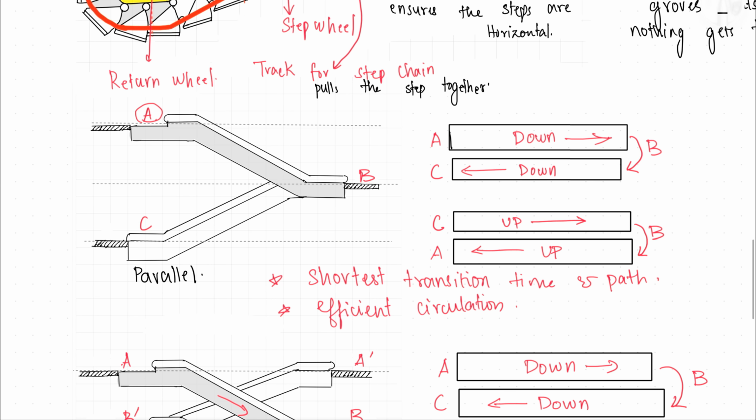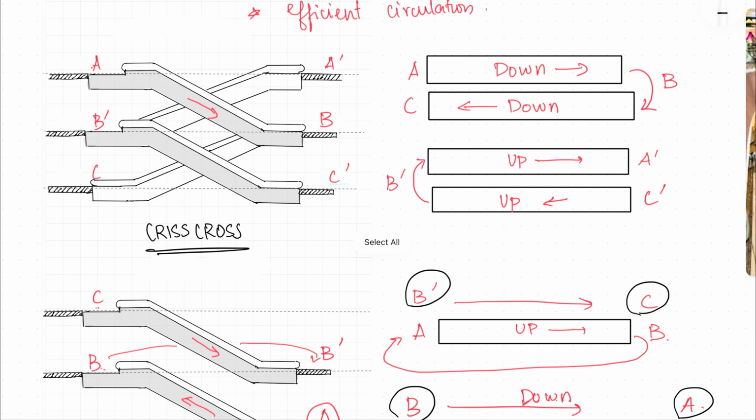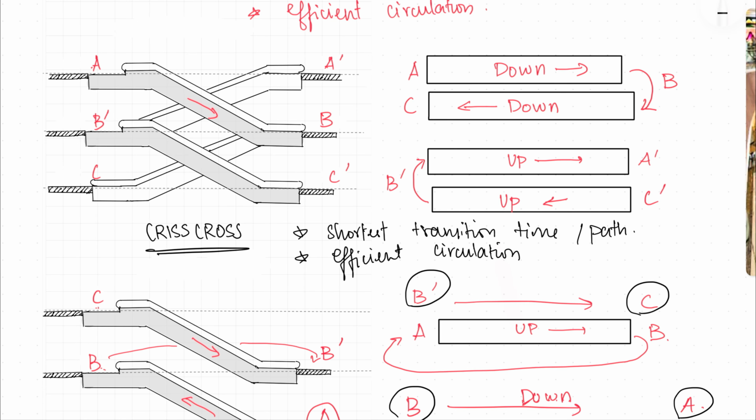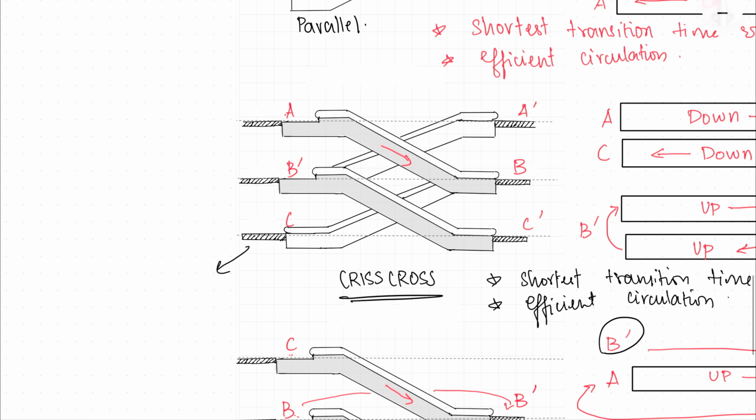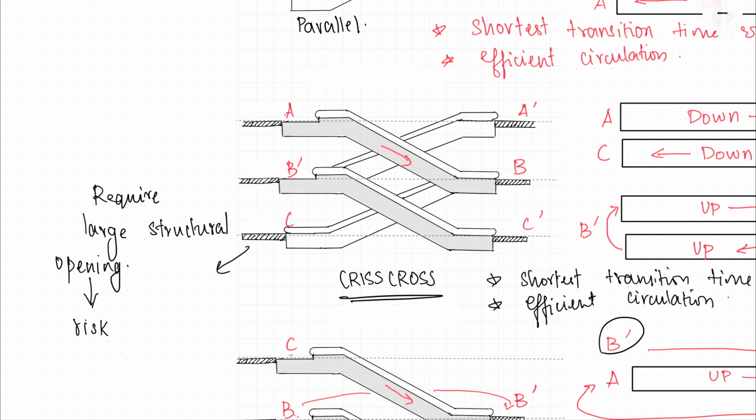Just like your parallel layout, your crisscross layout also uses the shortest transition time and path, so therefore it has efficient circulation. But this would require a large structural opening, and this provides you with the risk of falling into the void.